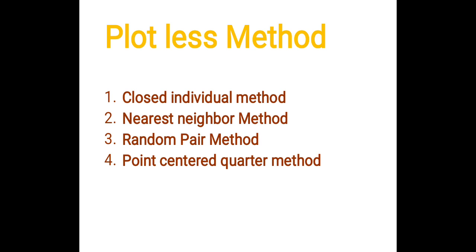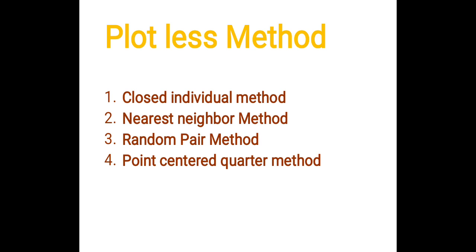Now we are looking at this slide: the closest individual method, nearest neighbor method, random pair method, and the fourth one is the point center quarter method. So these are four techniques. In the closest individual method, distance is measured from each random point to the nearest individual. In the nearest neighbor method, distance is measured from an individual to its nearest neighbor.